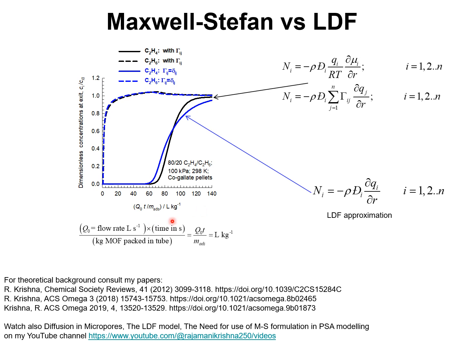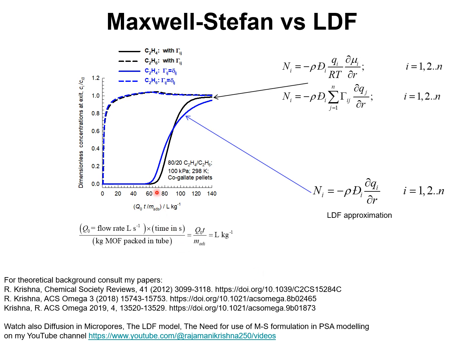The x-axis is a modified time parameter in which Q0 is the inlet flow rate in liters per second, multiplied by time in seconds, divided by the kilogram of MOF, in this case cobalt gallate, that is packed inside the fixed bed, and this has the units of liters per kilogram.